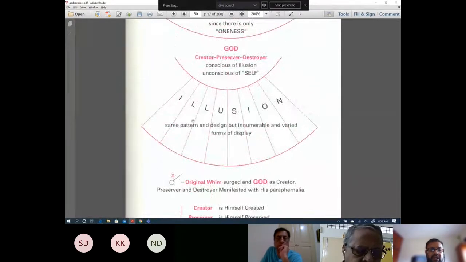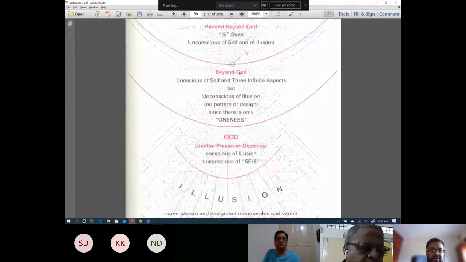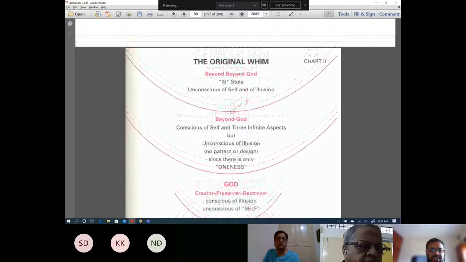So, illusion: same pattern and design, but innumerable and varied forms of display. God is in the creator, preserver, destroyer roles, conscious of illusion, unconscious of self. That's the God state.